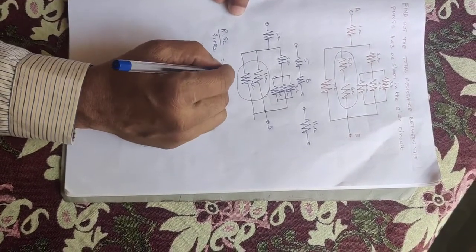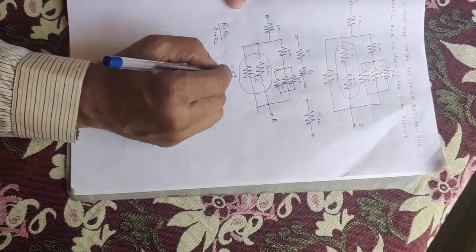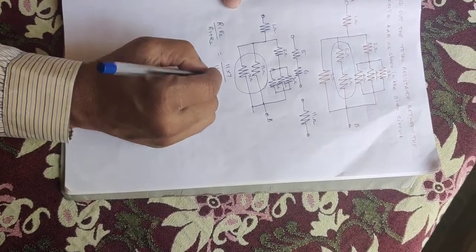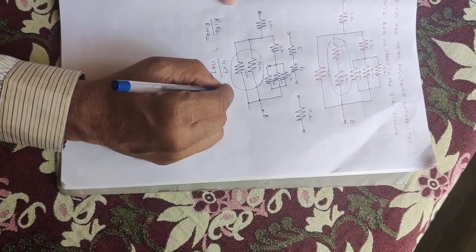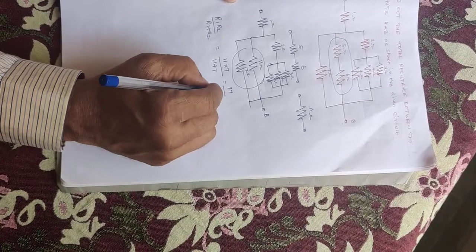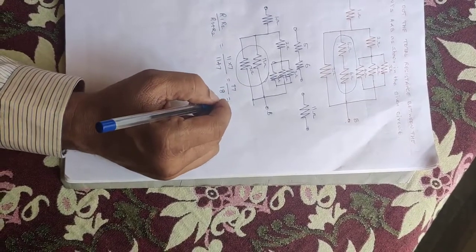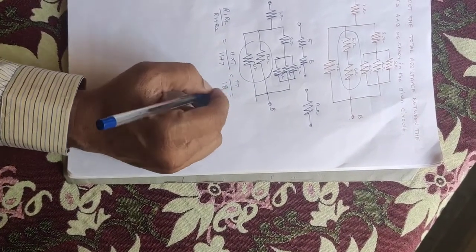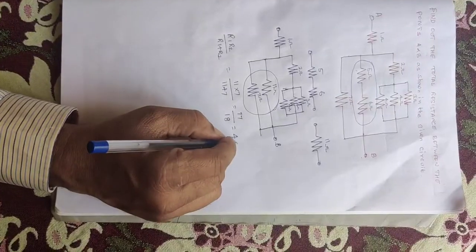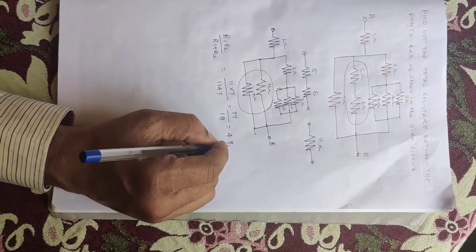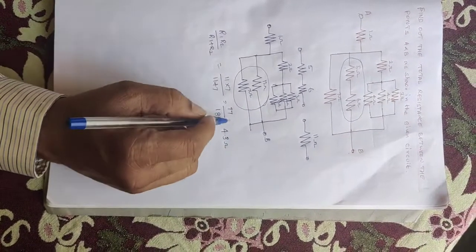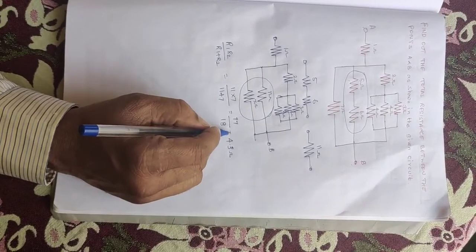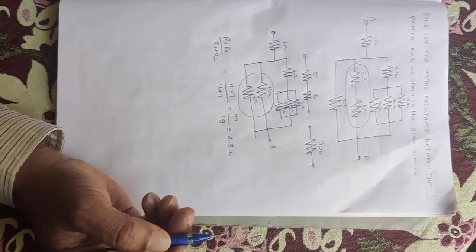So 11 into 7 divided by 11 plus 7 is 77 by 18. Using the calculator, 77 by 18 is equal to 4.3 ohms.